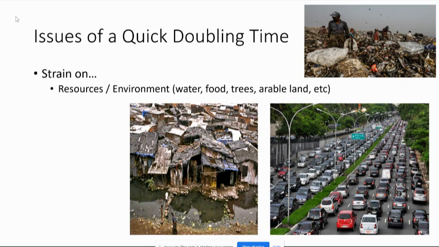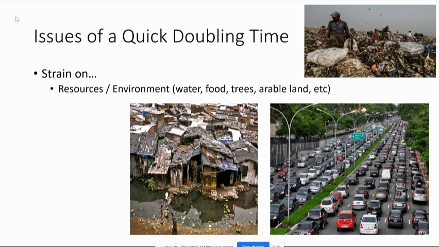All right, so here's kind of what it looks like when you're in a stage 2 country. You can take a look at the top right hand corner. That's in, I believe, Jakarta, Indonesia, where they have a mountain of trash, and the poor people go through there and they try to find anything they can to either eat and or sell. And that's pretty gross and disgusting for us here in the first world or in more developed countries.